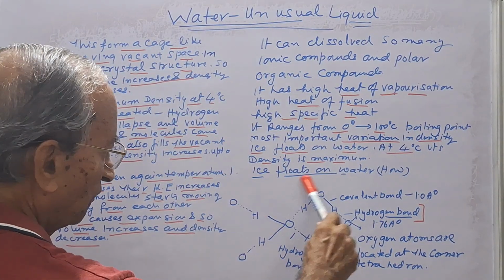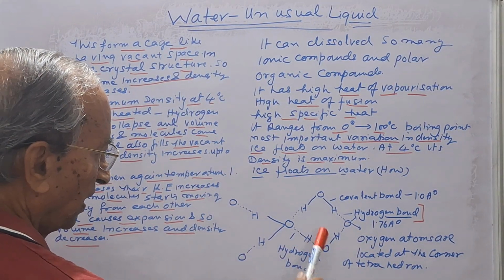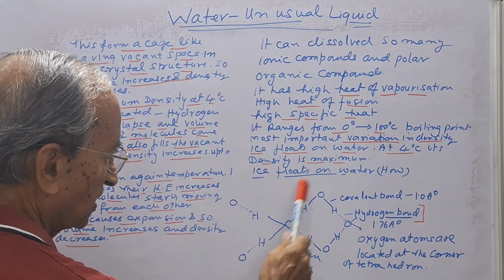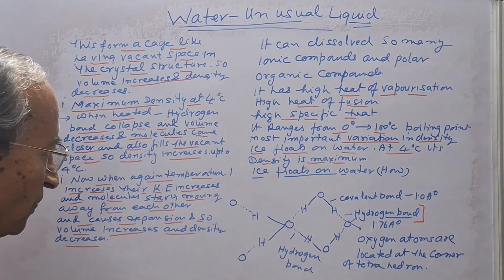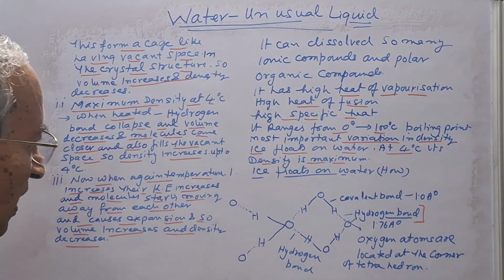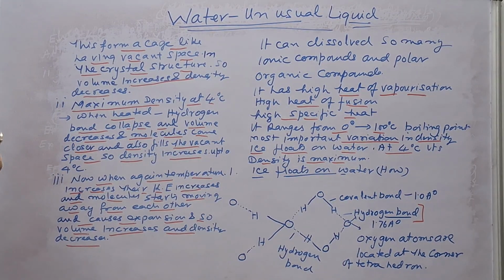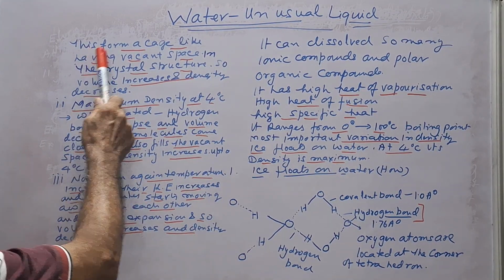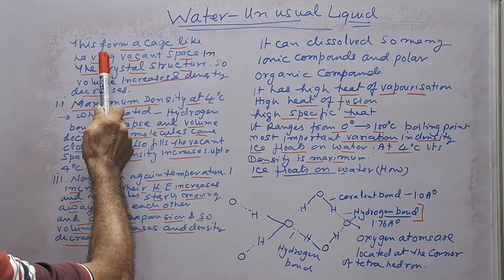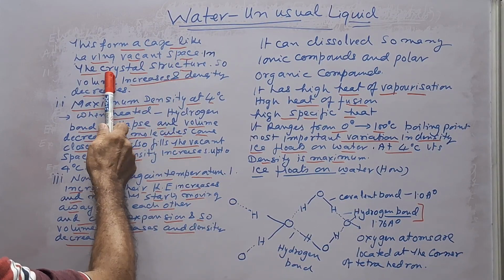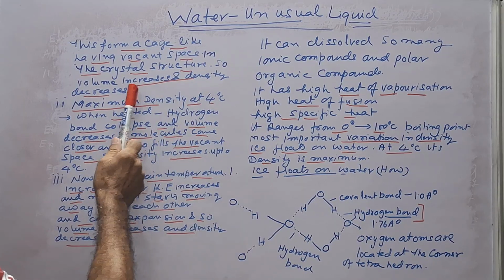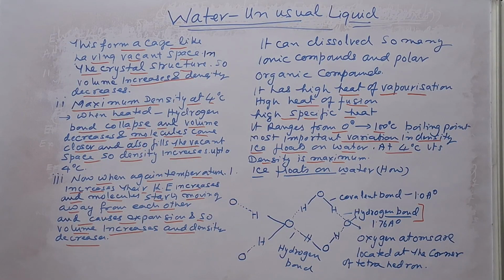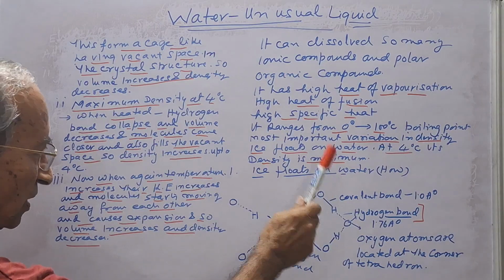So it forms a cage-like structure with a vacant space inside the cage. Due to the vacant space, the volume increases and the density decreases at 0 degrees centigrade, so ice floats on the water.